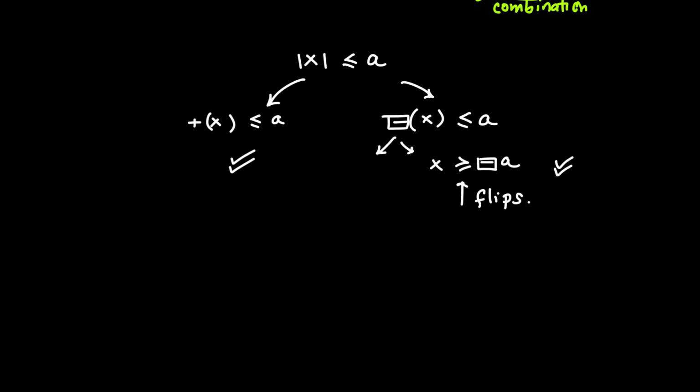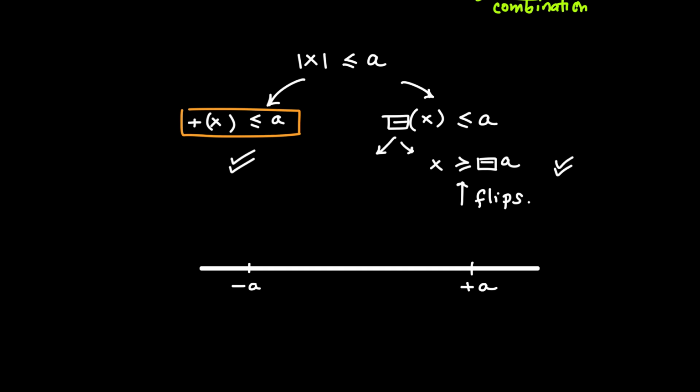Now, if I plot it on a number line, so this is a number line, and I'm writing negative a, this is positive a. This inequality is x is less than or equal to a. So this is less than or equal to a.